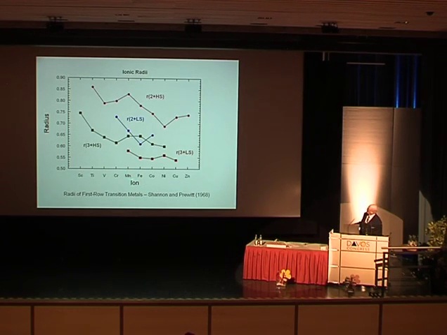I'm showing this because there are transition elements which are trivalent that have both high spin and low spin configurations. So there's manganese, iron, cobalt, and nickel that can have both high spin and low spin configurations.